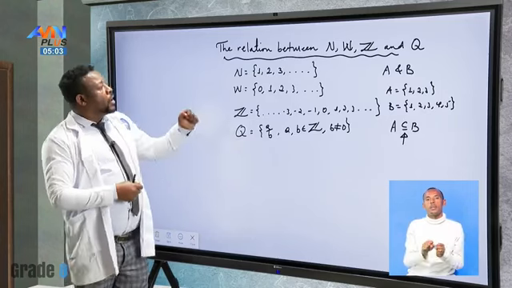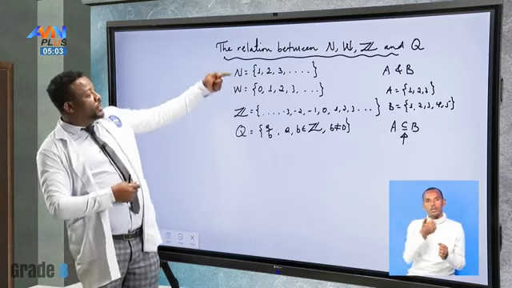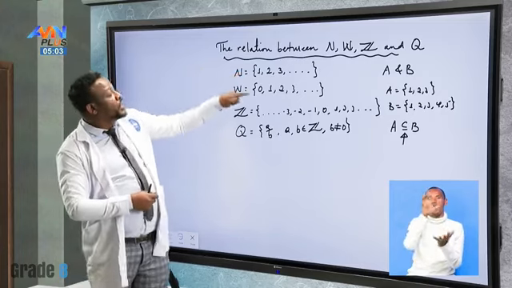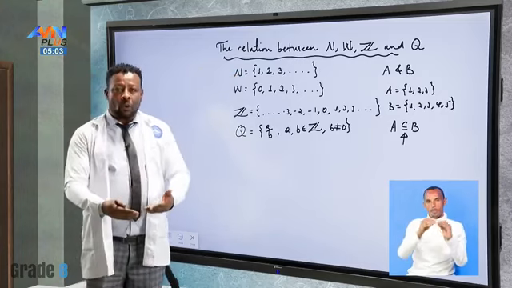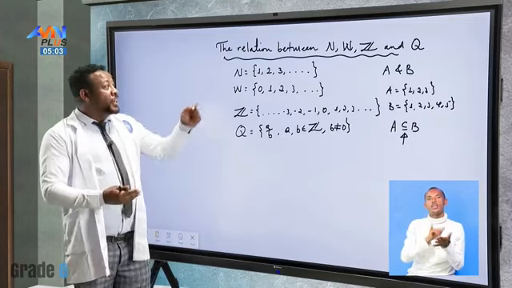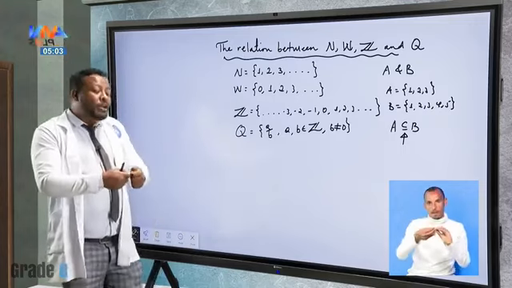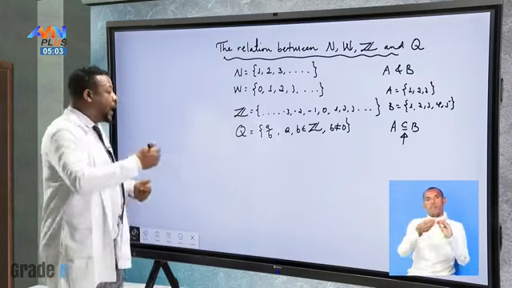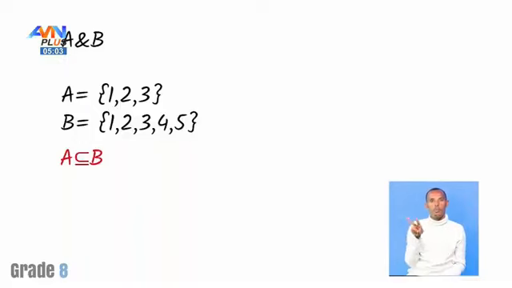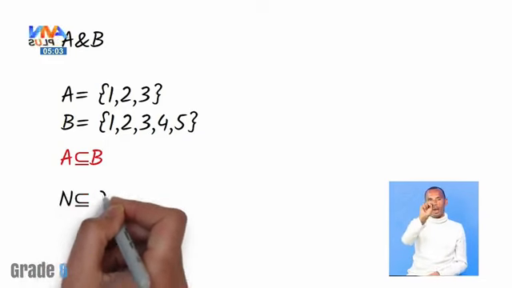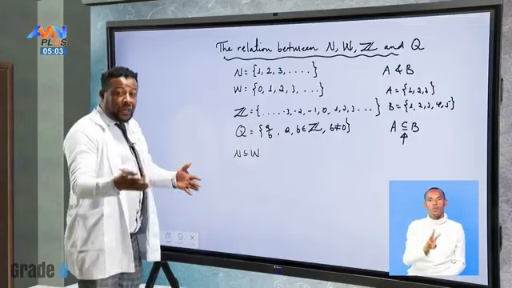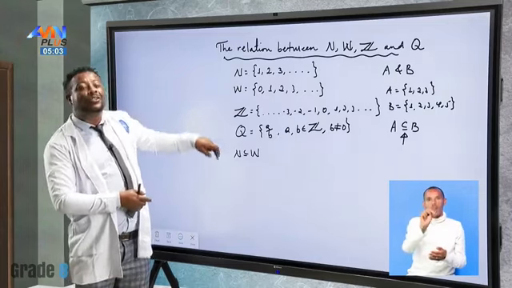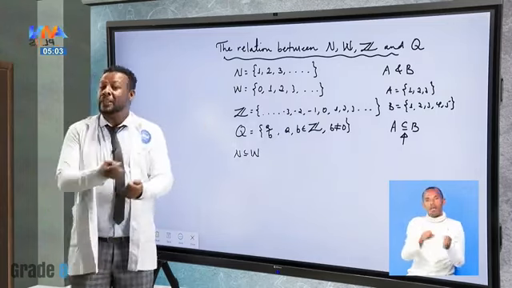So, obviously, as you can see on these two sets, all the elements of natural number are included in the set of whole number. So, we can say that the set of natural number is a subset of the set of whole number, and we can write capital N is a subset of W. Literally this means every element of set N is contained in set W, but not the converse.